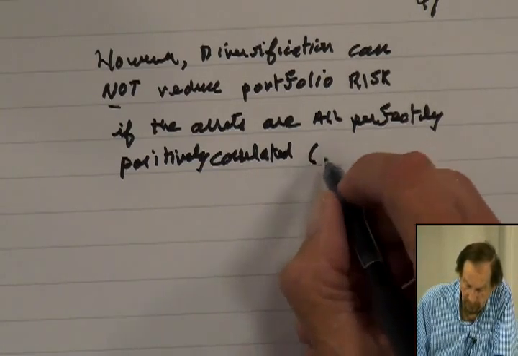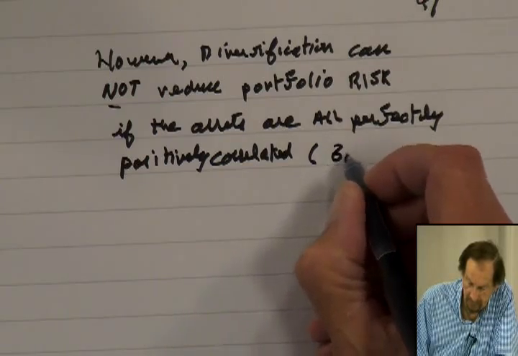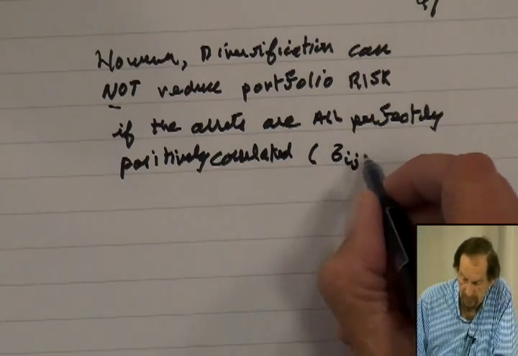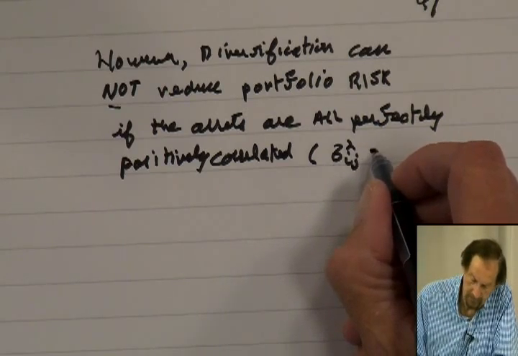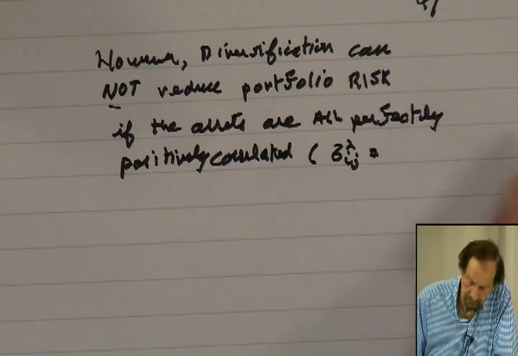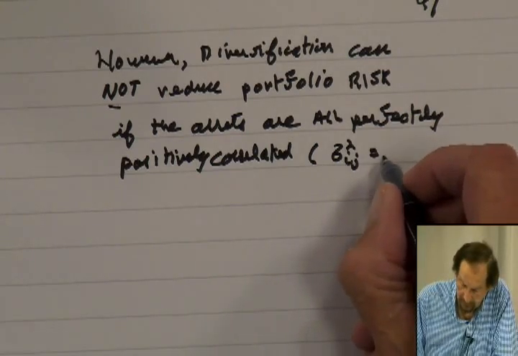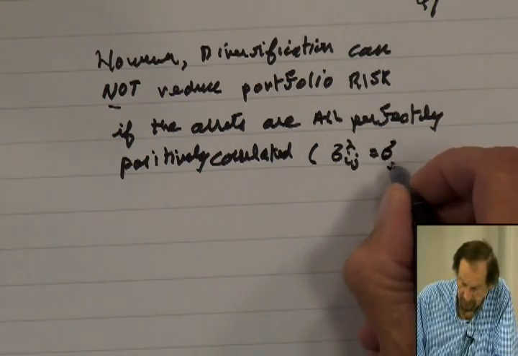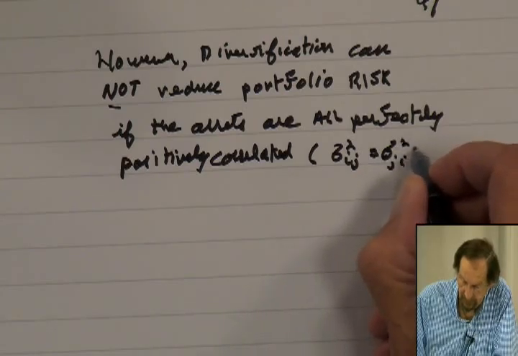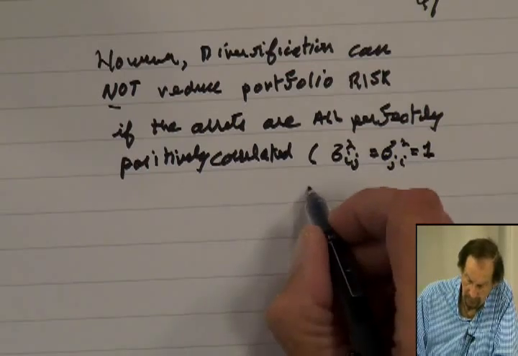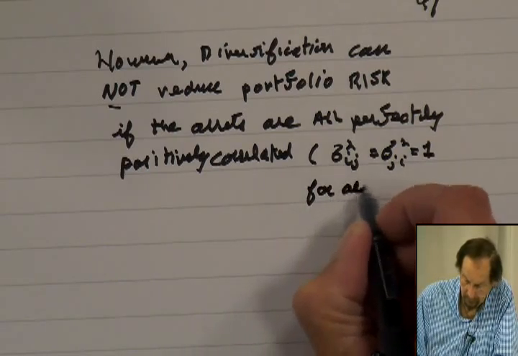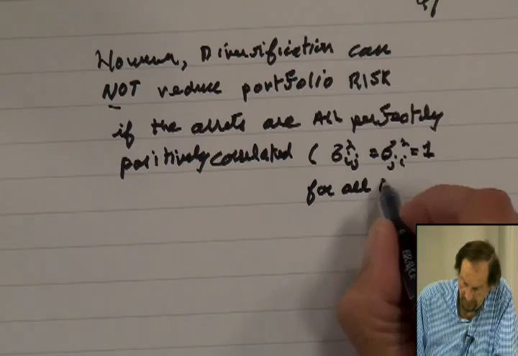So we would say that sigma ij squared equals sigma ji squared equals 1 for all i not equal to j.